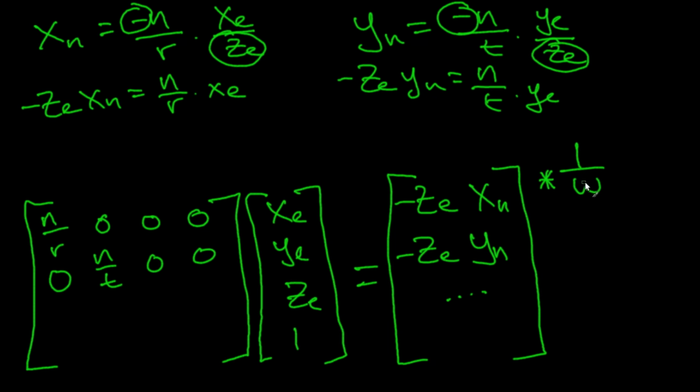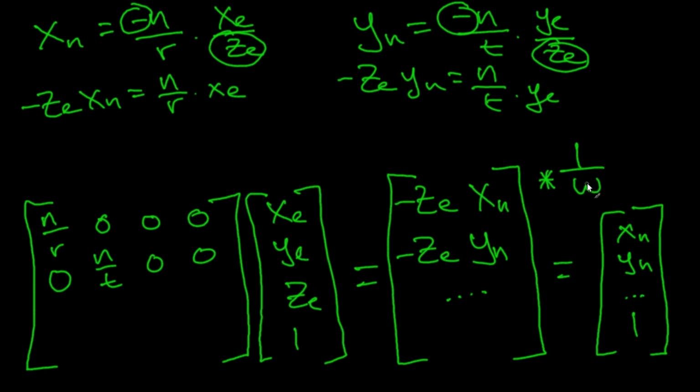We'll divide by w, basically. And that will be this little special trick that we'll offer you. And if we can just get the right homogeneous coordinate in here, we can end up with the values we really want. And so we really want xn, yn, and something, and 1 at the end.